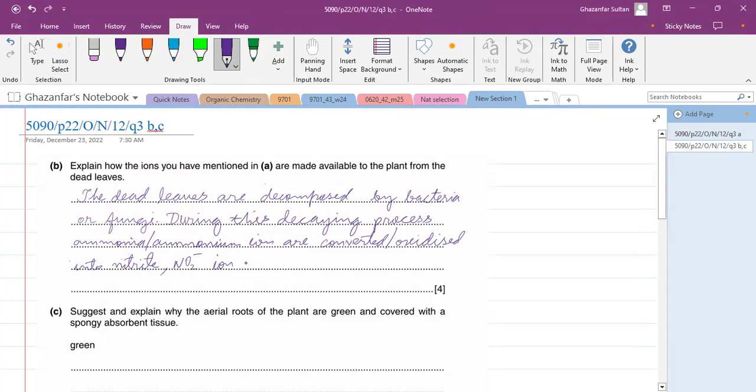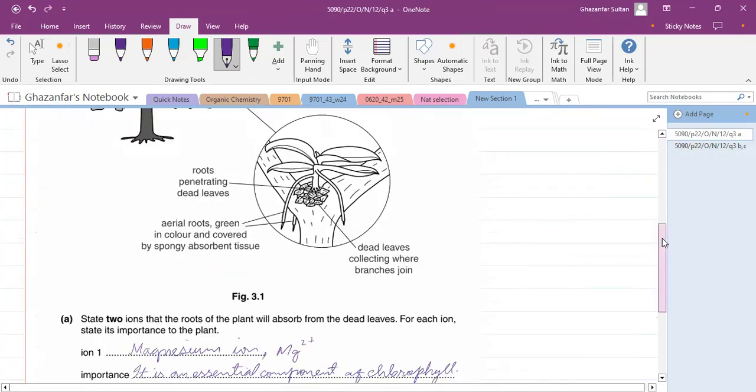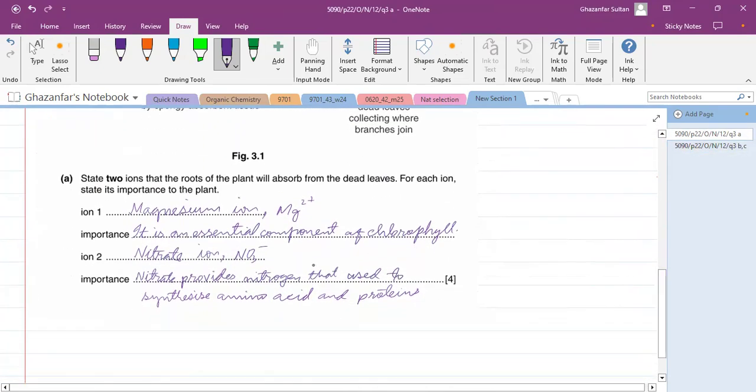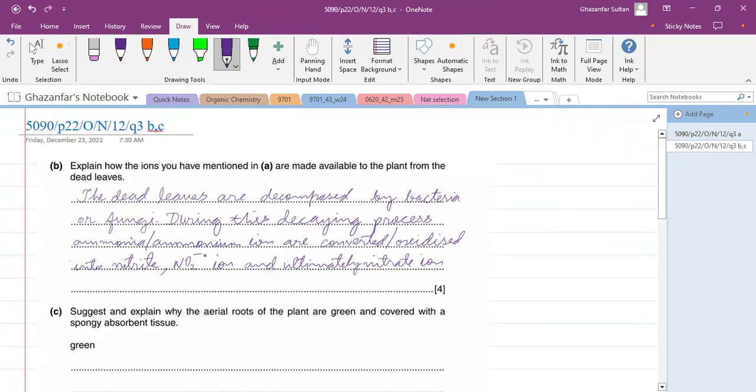and ultimately nitrate ion. Even nitrite can also be absorbed directly. So nitrate or nitrite, you can even leave your answer here up to the nitrite ion.